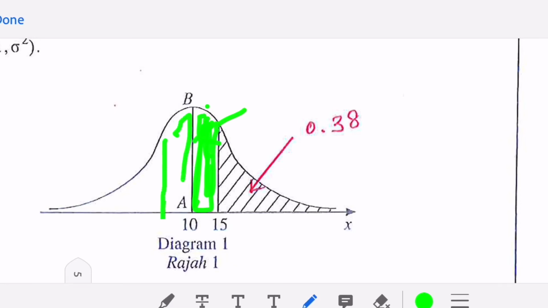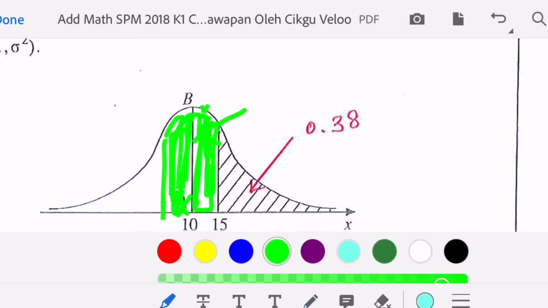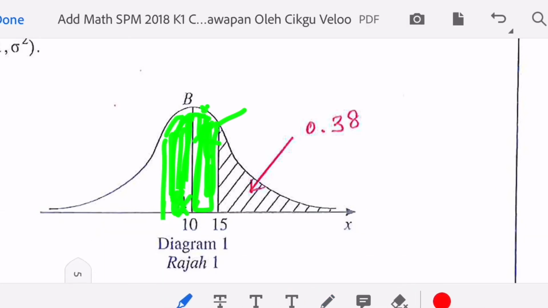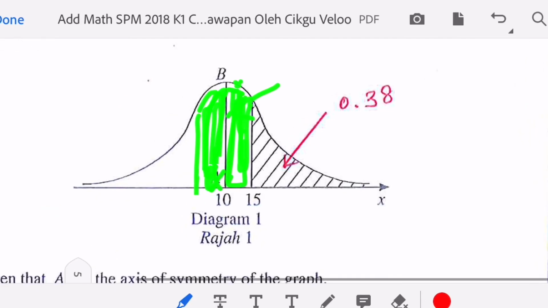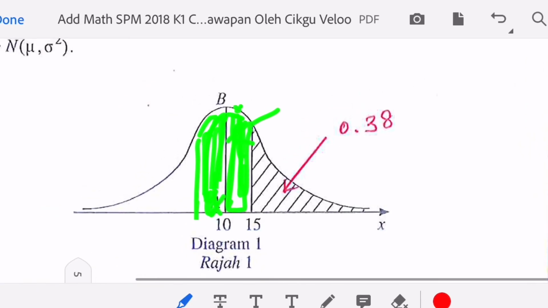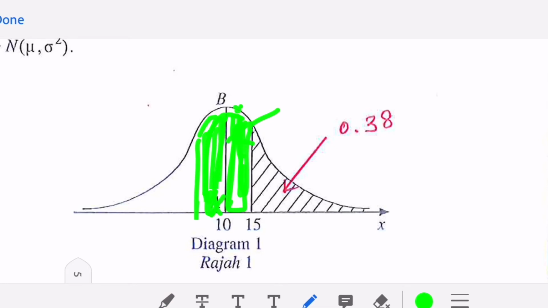From 5 to 10 and 10 to 15 are equal in length, right? The length is 5. So the area should be the same because the bell shape is symmetrical, balanced. So the area for the green color, when you add it up, is 2 times 0.12.